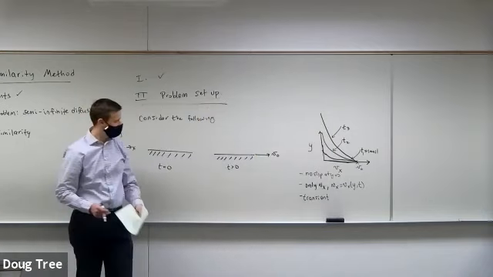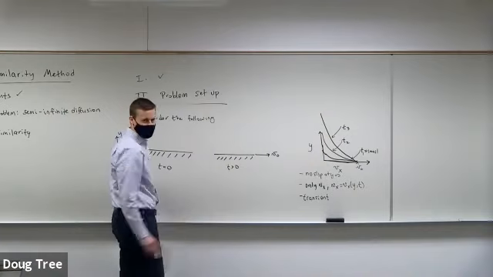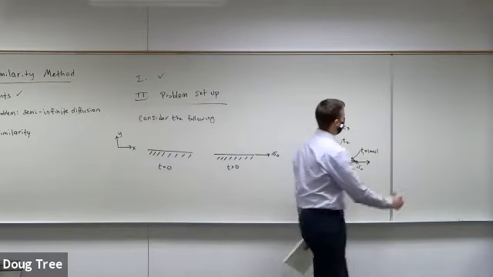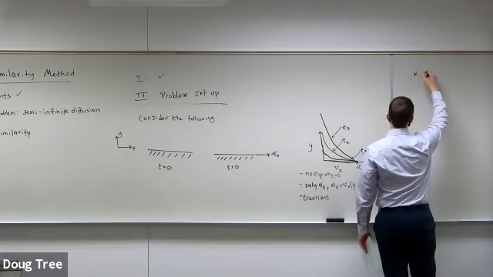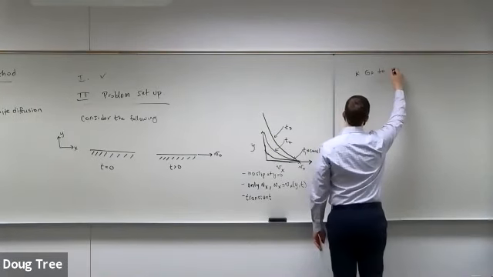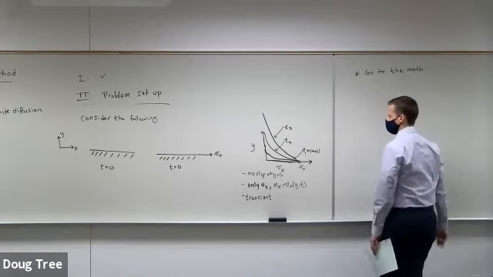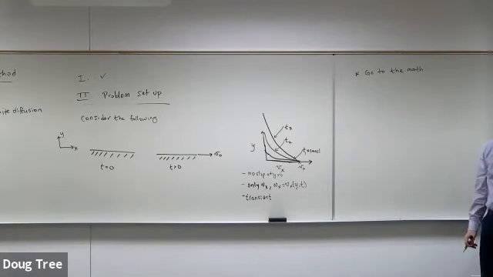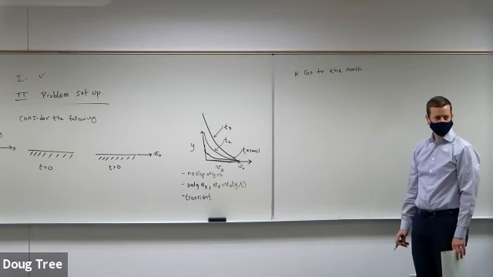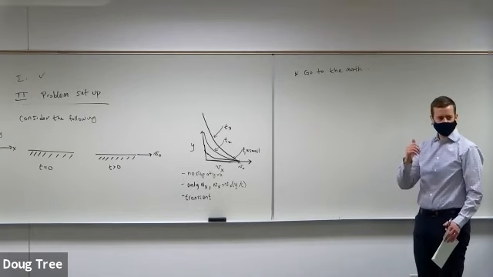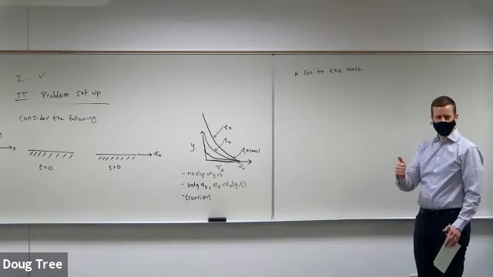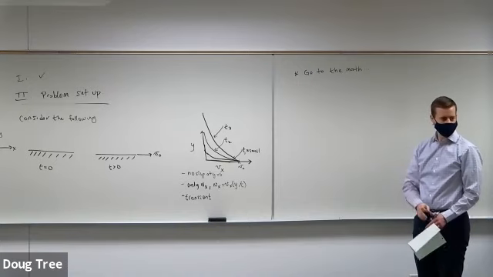Okay, so let's take this intuition we've developed and go to the math for a second. Where should we start? I'm thinking the Navier-Stokes equation. You can always start there.